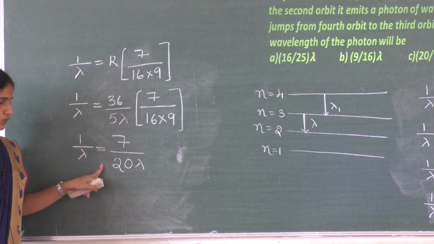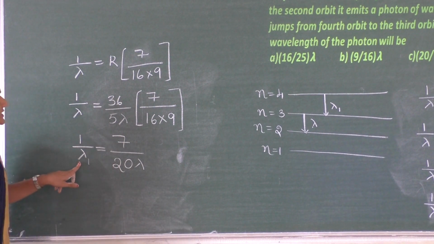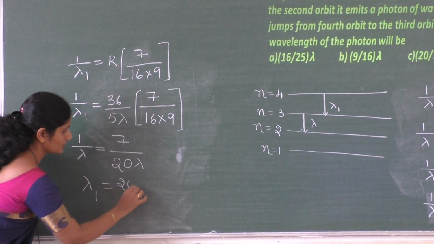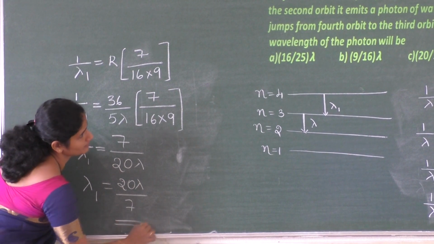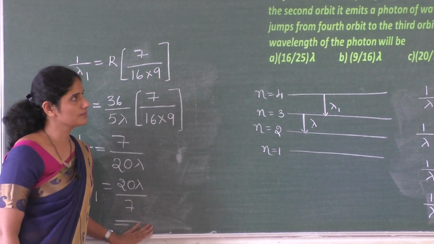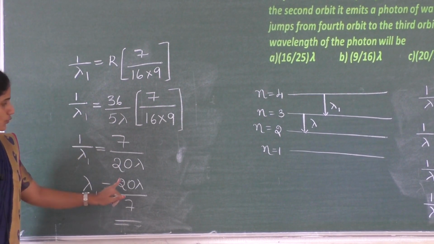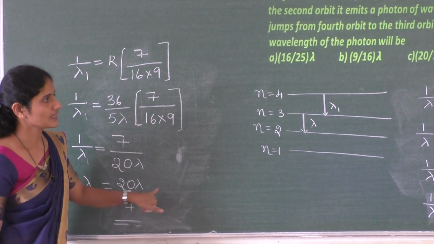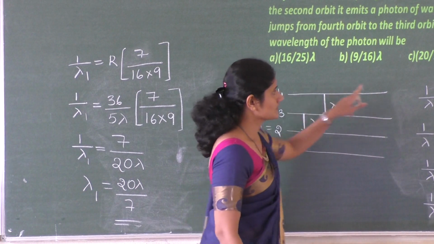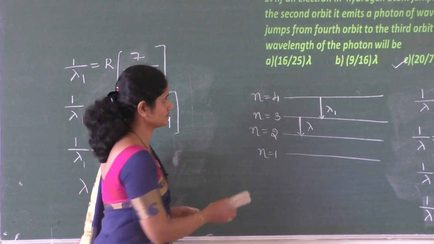So 1 by lambda 1 is equal to 7 divided by 20 lambda. So lambda 1 is equal to 20 lambda divided by 7. So when an electron jumps from 4th orbit to the 3rd orbit, the corresponding wavelength will be 20 by 7 into lambda. So the correct answer is option C, 20 lambda divided by 7.